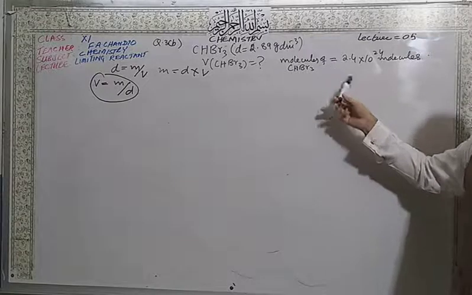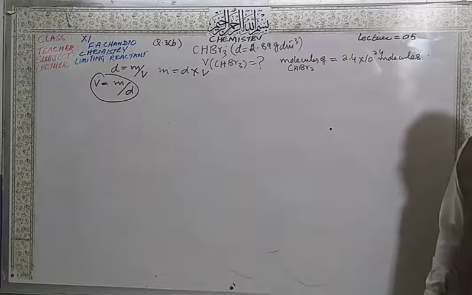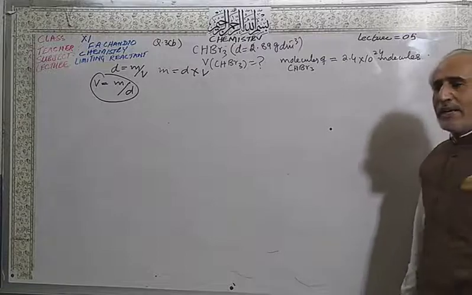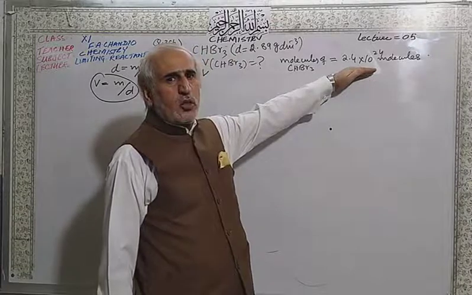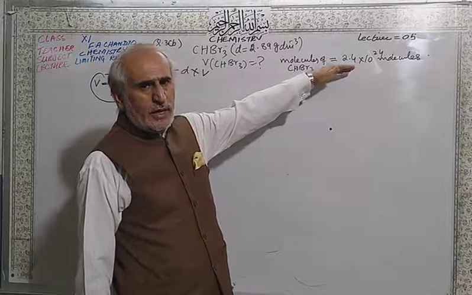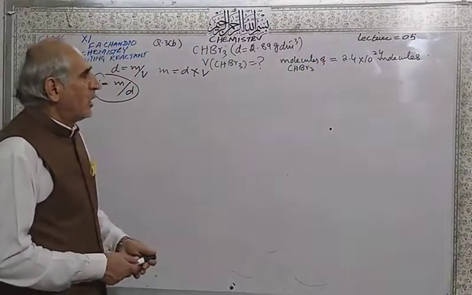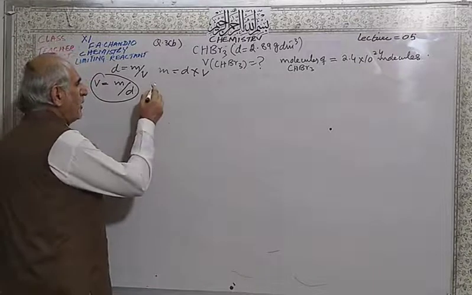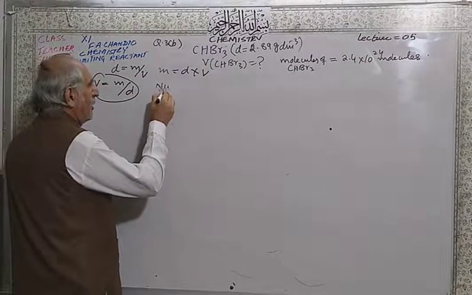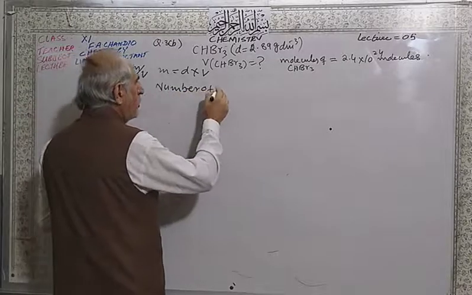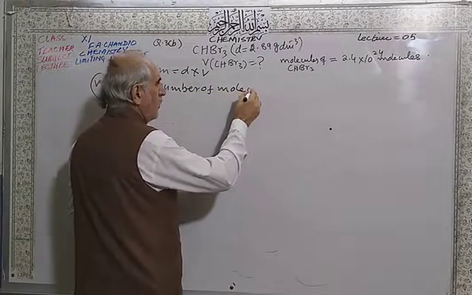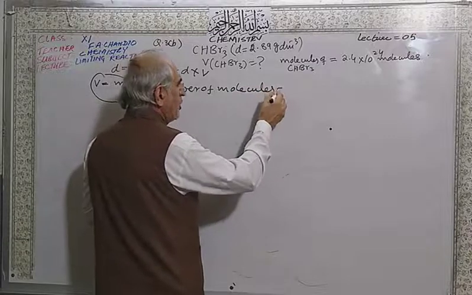Now in my first lecture in this chapter, you calculated the number of particles. Number of particles means number of molecules, number of atoms, number of ions, number of formula units.